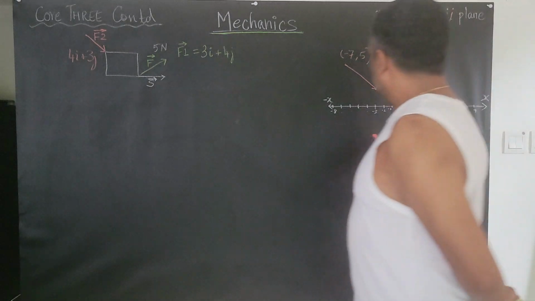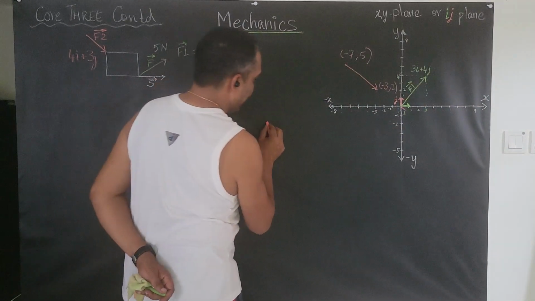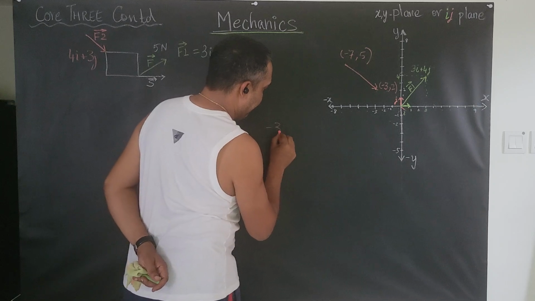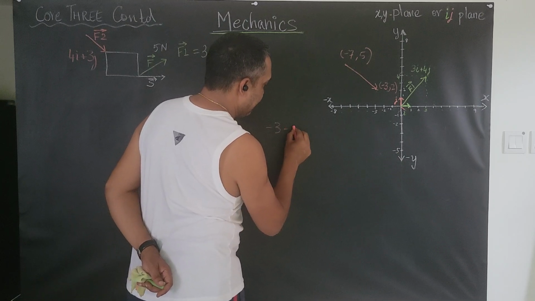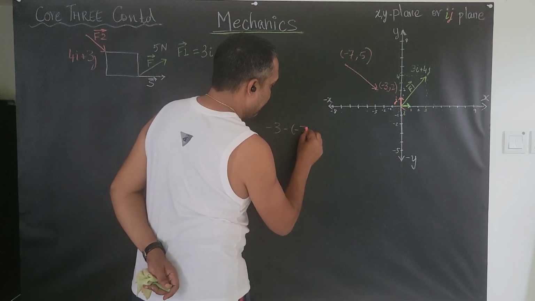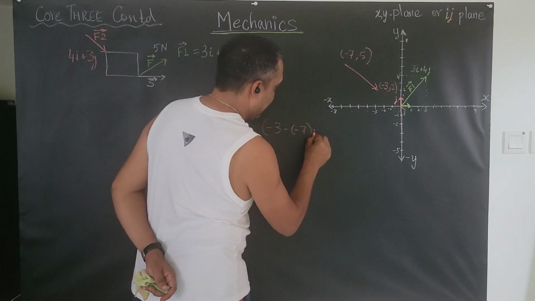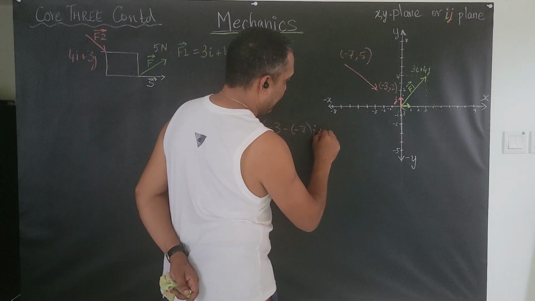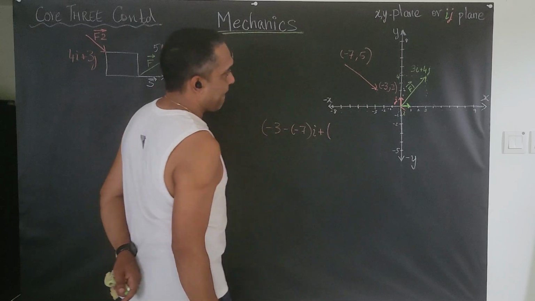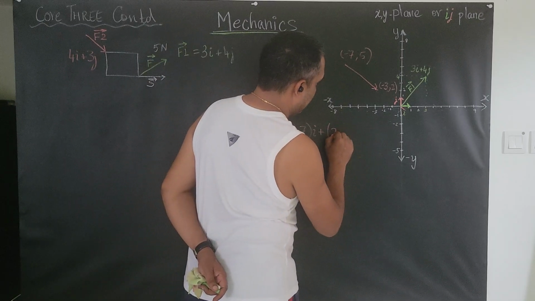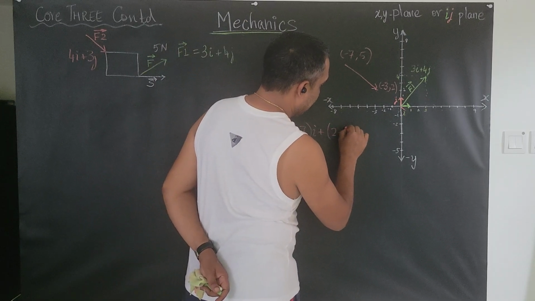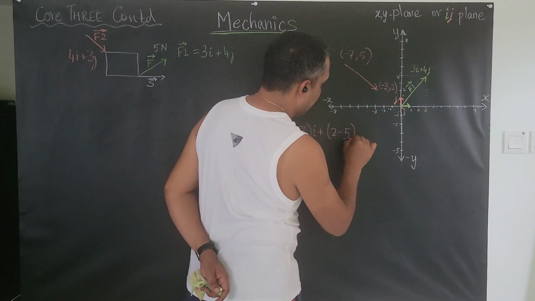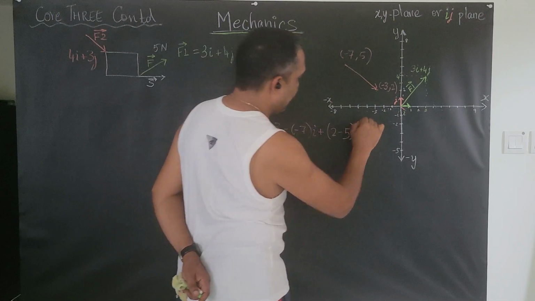That vector would be, if you remember, negative 3 minus negative 7 times i plus 2 minus 5 times j.